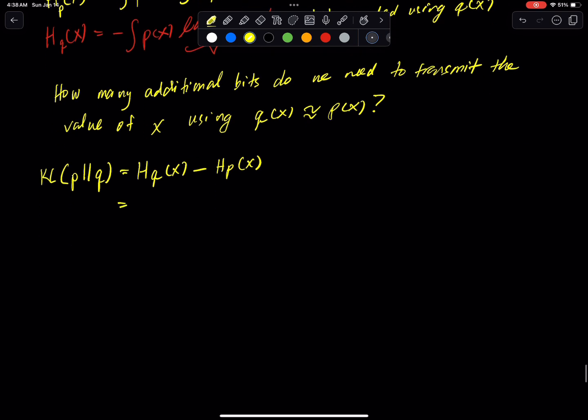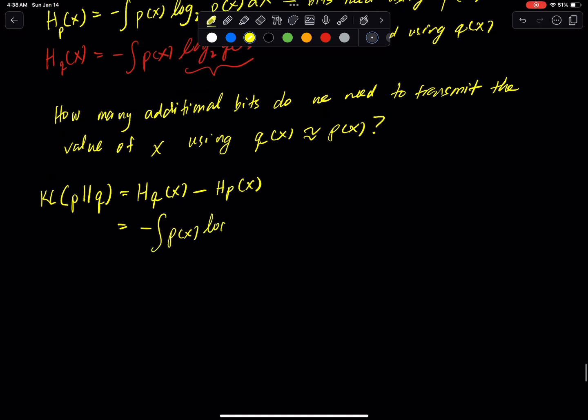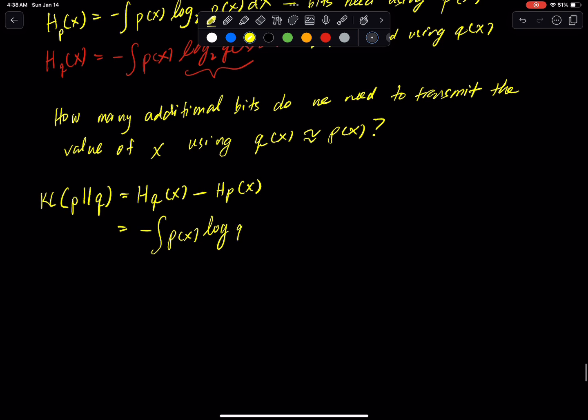Let's plug in the values of the integrals. This becomes negative integral of p of x log q of x dx minus negative integral of p of x log p of x dx.